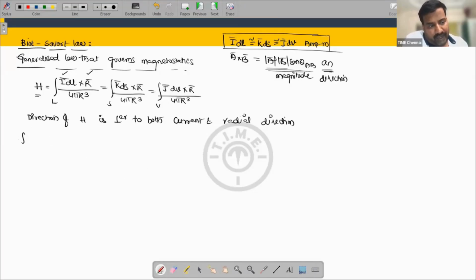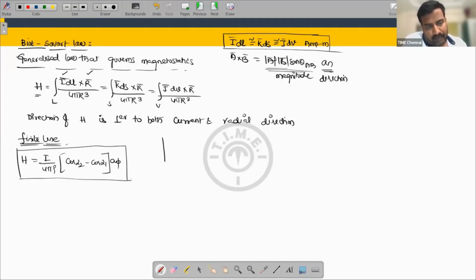Now, if I consider it for a finite line, the magnetic field for a finite line is given by H is equal to I by 4 pi rho, cos alpha 2 minus cos alpha 1, of A phi.